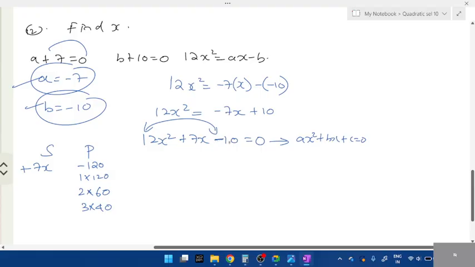There is a minus sign along with 10, right? 4 into 30. 5 into 24. 6 into. Okay, 7 doesn't go. What about 8, students?